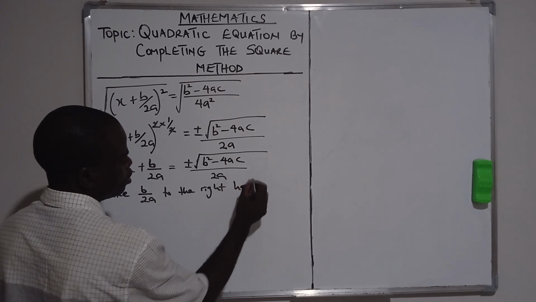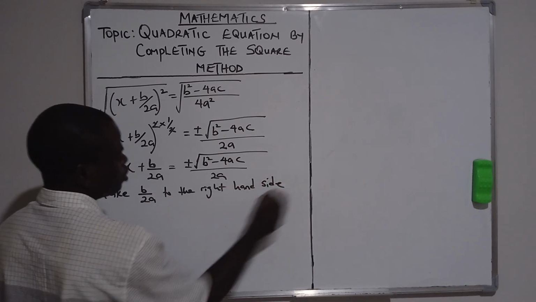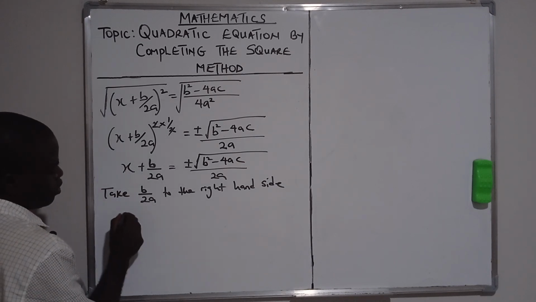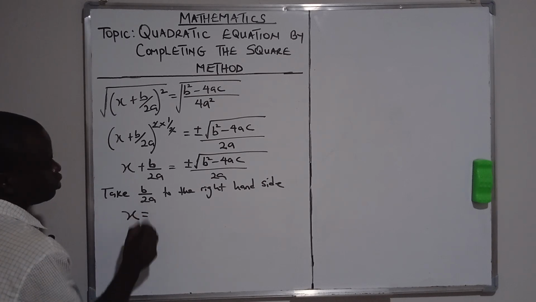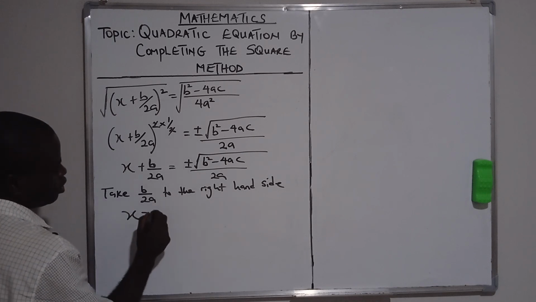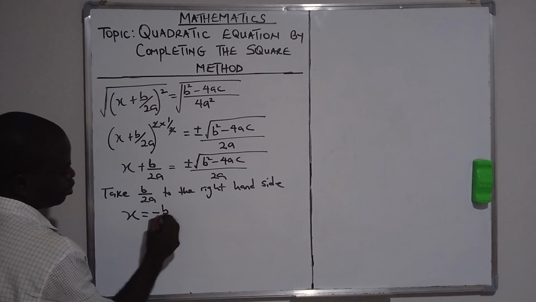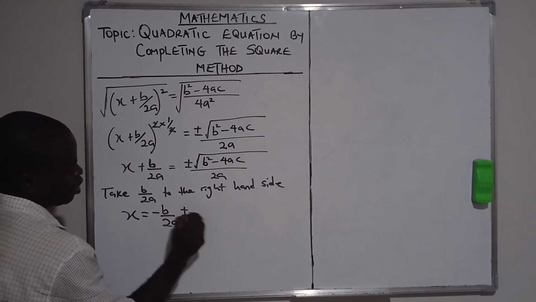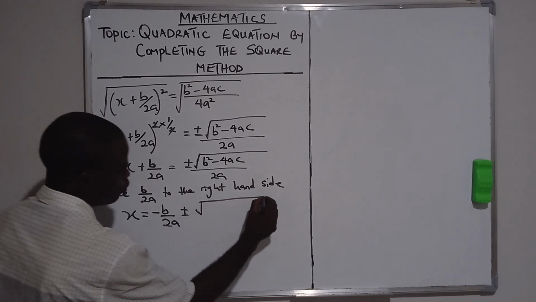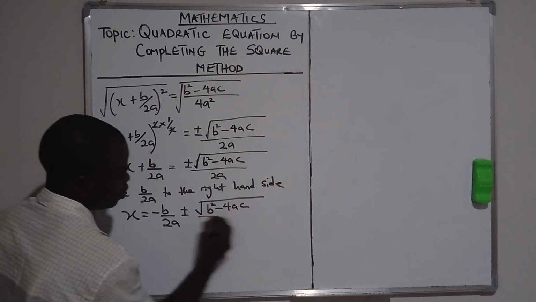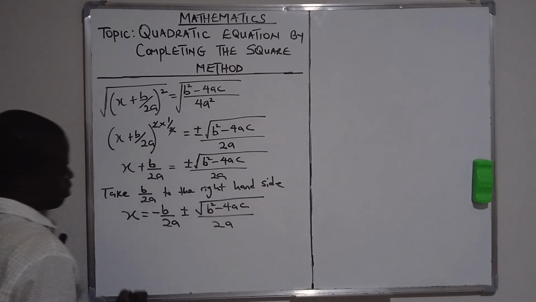The reason we're doing that is that we are looking for x. Now x equals minus b over 2a plus or minus the square root of b squared minus 4ac over 2a.